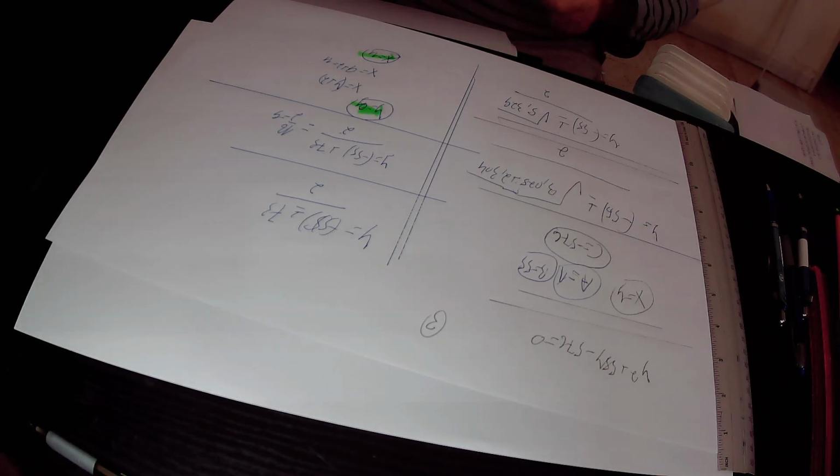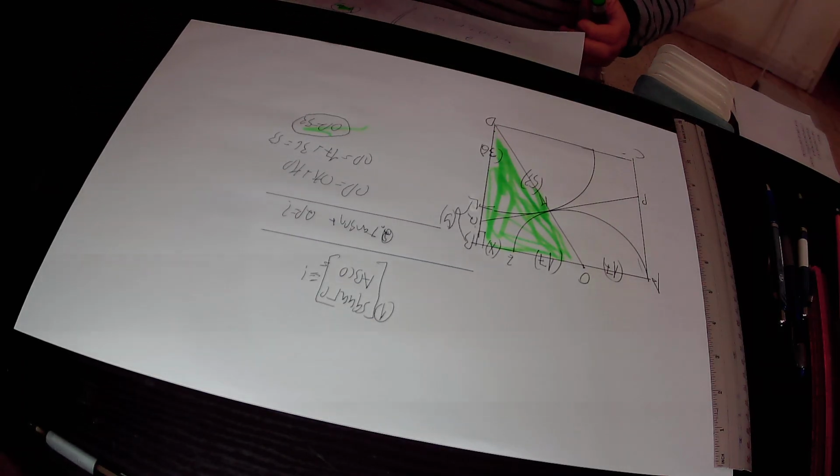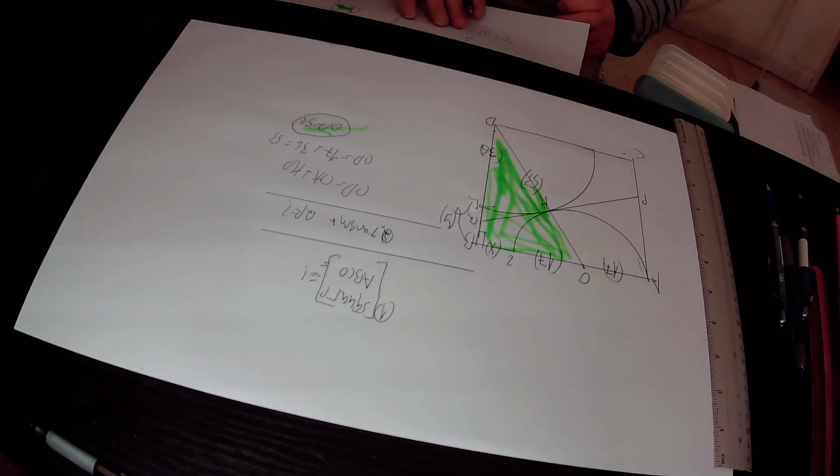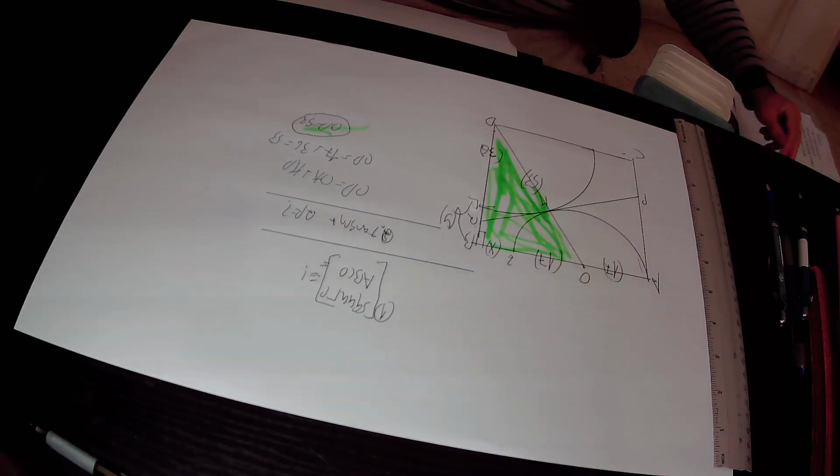Our first task in this question is to find the area of this square ABCD. So what is the area of square ABCD?